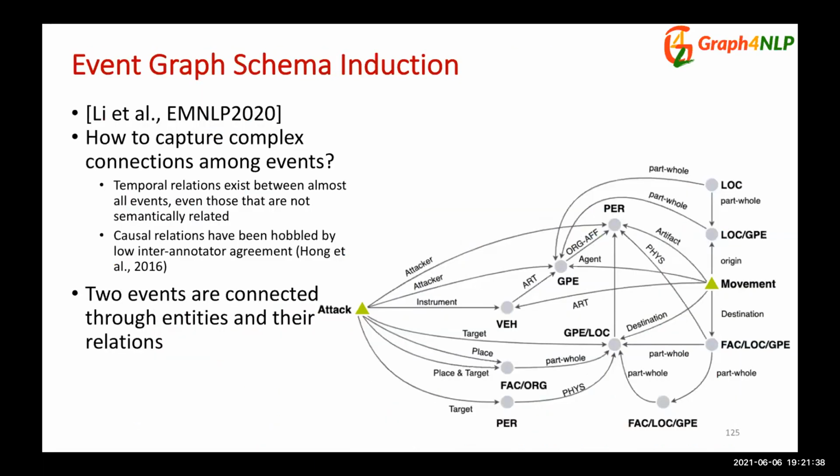Okay, so what I mean by that kind of knowledge is that, for example, usually an attack event and a movement event are connected through different types of entities or different relations, which means if we already identify something as a artifact role of movement as a vehicle, then we can infer this vehicle should be an instrument of attack, regardless of the content it described in the input text, right?